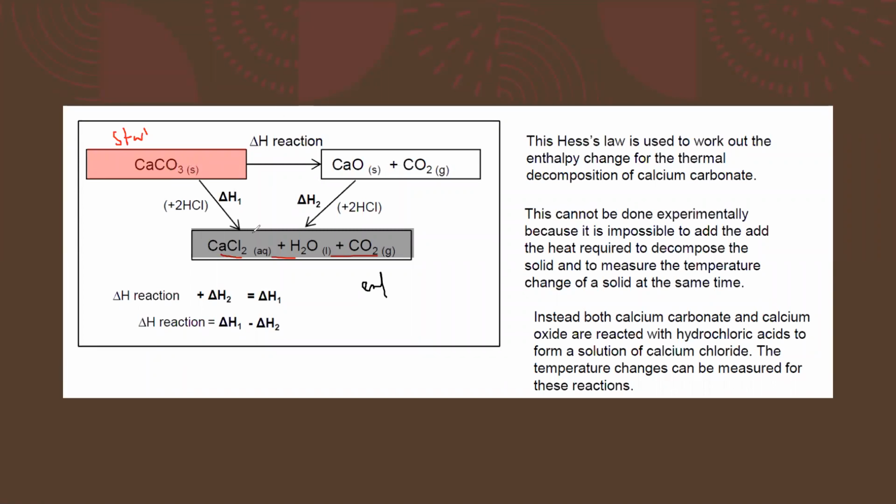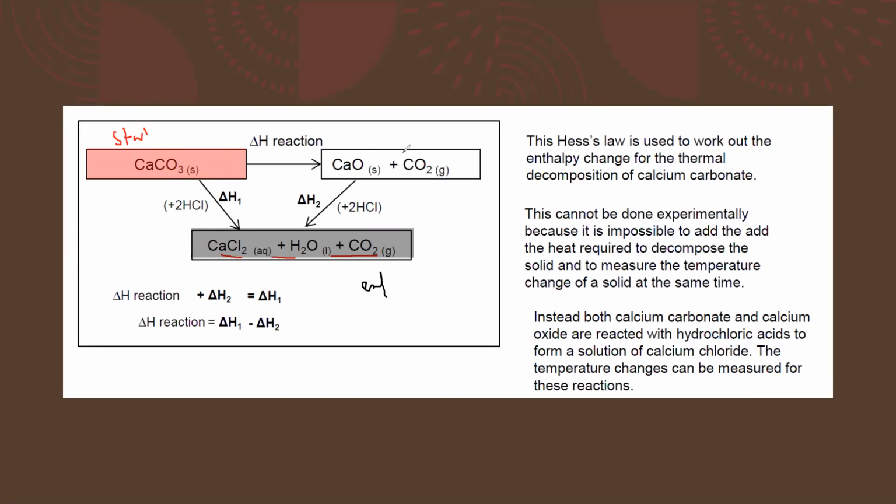Calcium carbonate can react with hydrochloric acid, giving calcium chloride, water and carbon dioxide. We call that, for example, delta H1, because right now we are discussing how to use Hess's law to make the expression. And calcium oxide reacting with hydrochloric acid, that is delta H2.